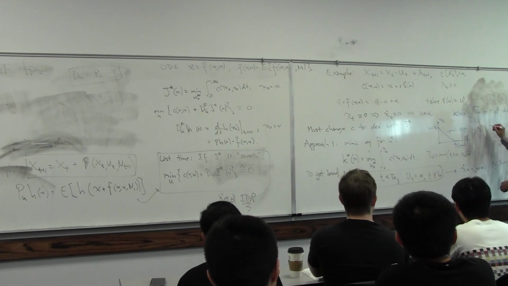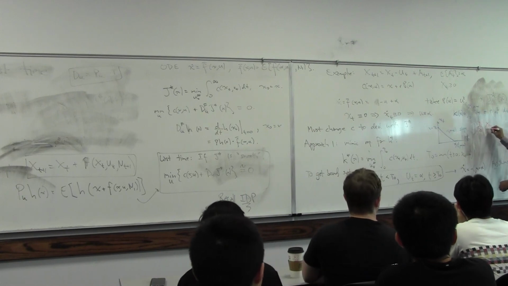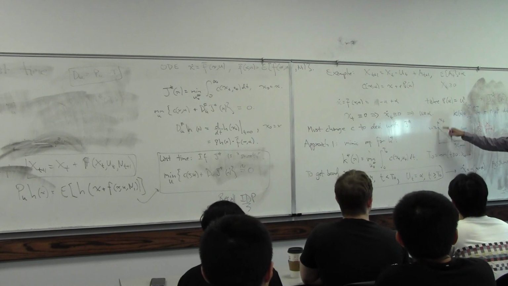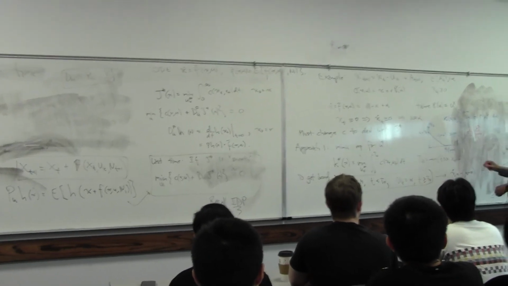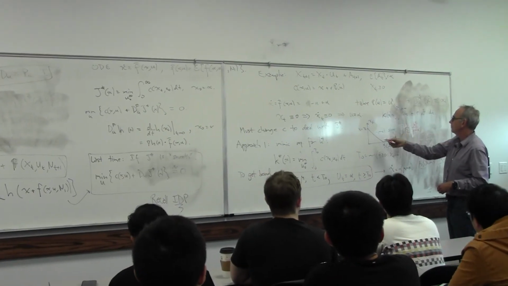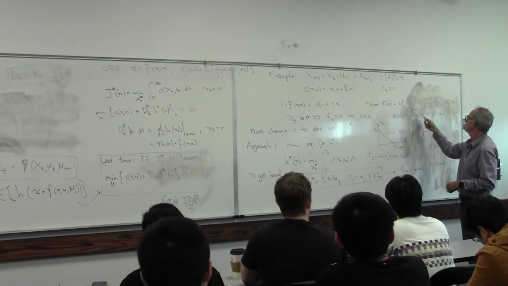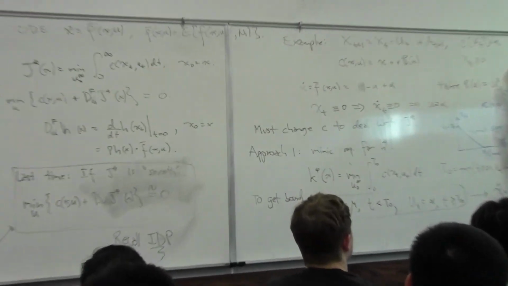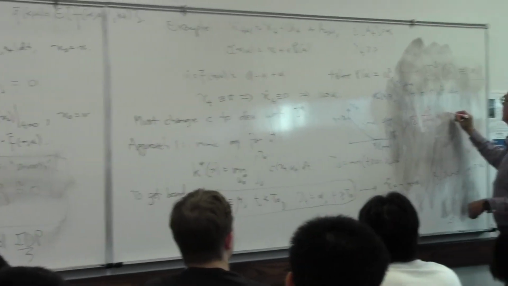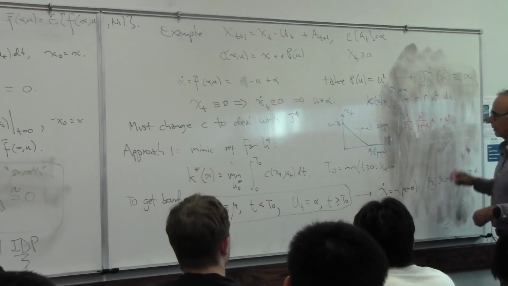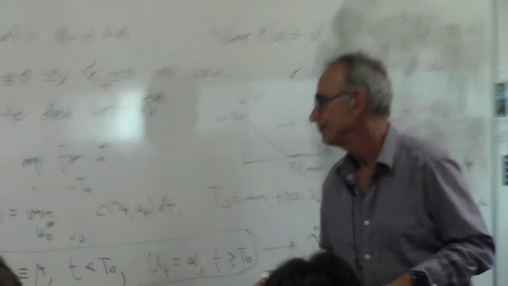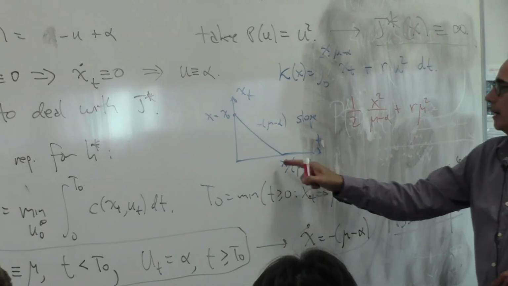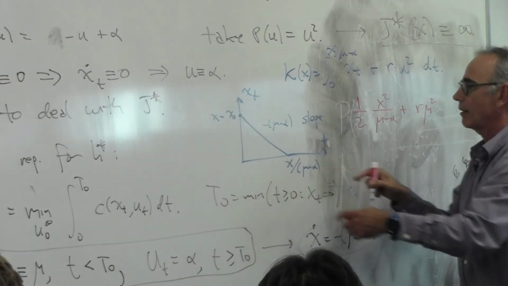So the base is x over mu minus alpha, and the height is x. So you just get x squared. And then you get the other term here. It's just a constant. So it's plus r times mu squared, because we're just taking ut to be mu, times the length, which is x over mu minus alpha.